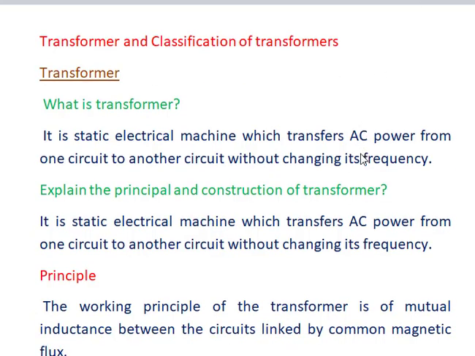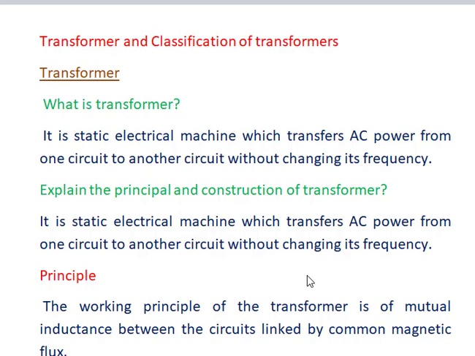The next question in this topic is: explain the principle and construction of the transformer. The principle is mutual inductance between the circuits linked by a common magnetic field.